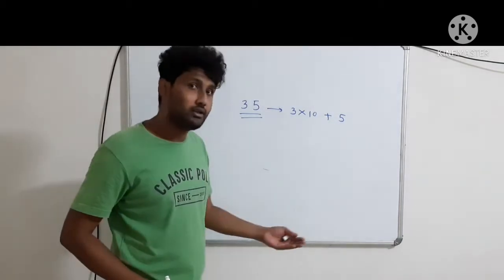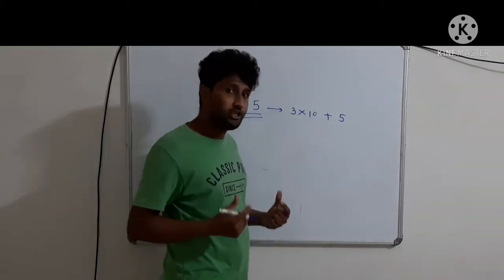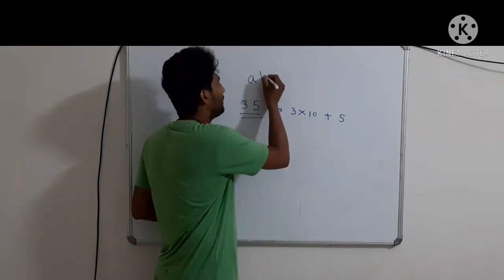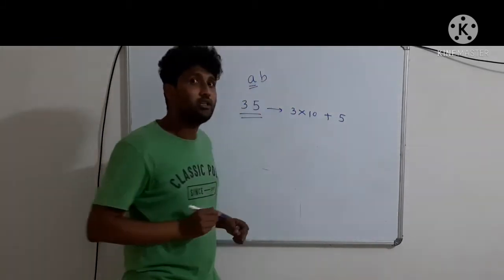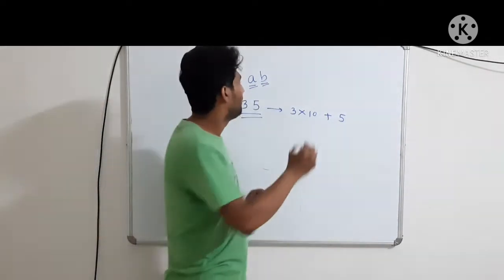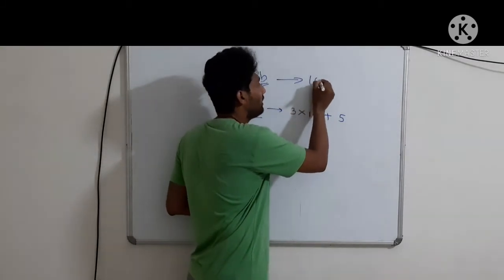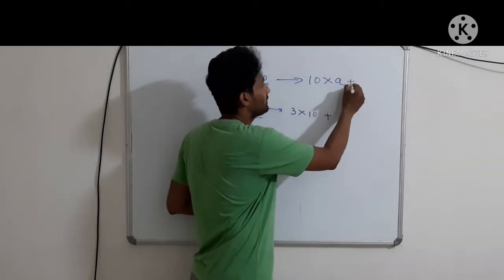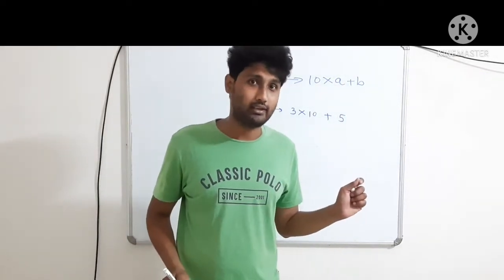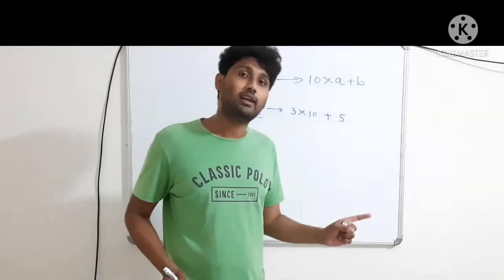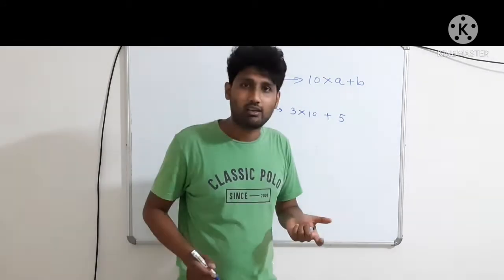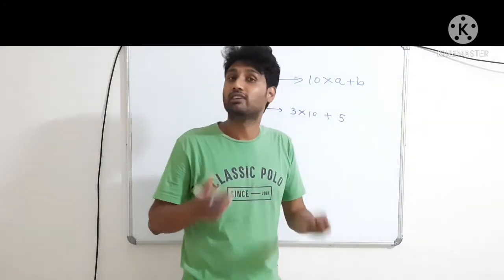We have also learned that any 2-digit number can be shown in the form of AB, where A is the digit in the tens place and B is the digit in the units place. The expanded form will be 10 into A plus B. We have seen that when we were talking about equations, right? You remember that, right? We have solved examples where the two digits differ by 3 or differ by 7 or their addition is 7.